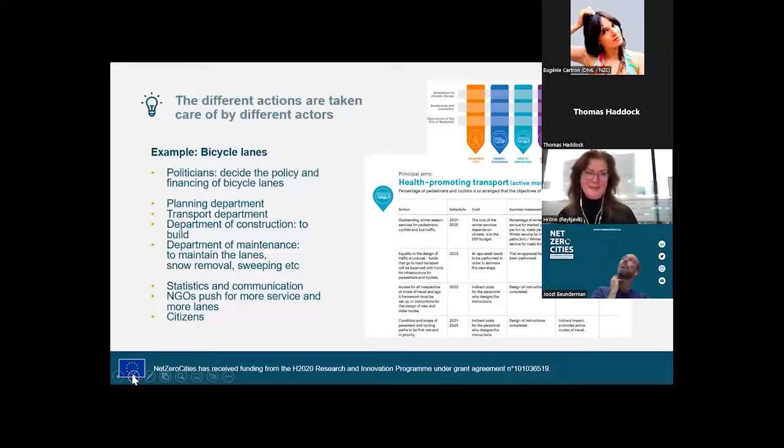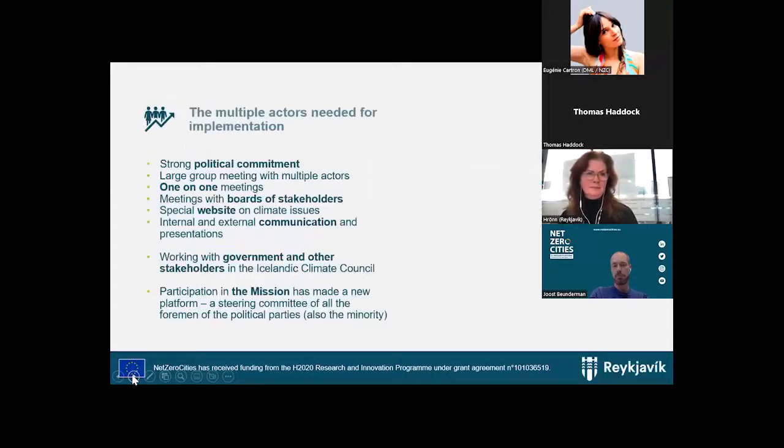But this is just an example that this is not something that could be located with a climate department. This is a very complex set of actors that we have to communicate with.